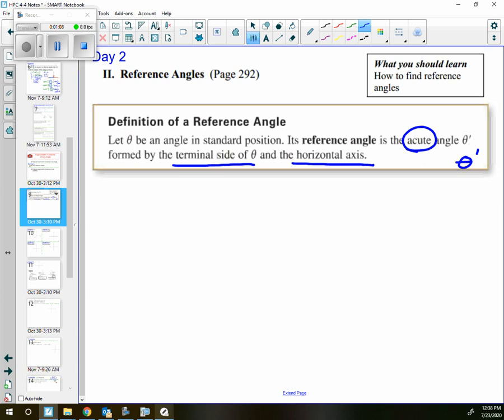Some really important things about reference angles: they are always acute, that means less than 90, and it's always the distance to the x-axis. And since it's a distance, that means it's always positive.